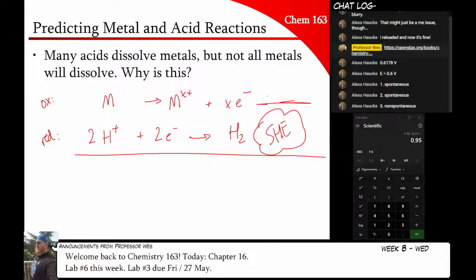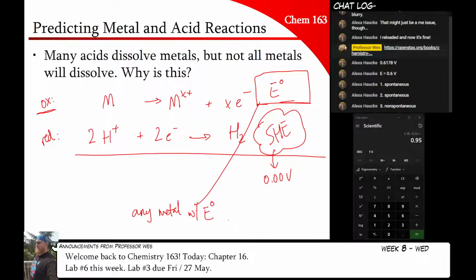Remember that the voltage for this needs to be more negative at the anode. So in other words, since the SHE is 0, any metal with E less than 0 will react with an acid.